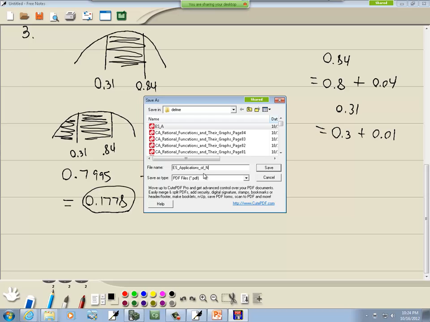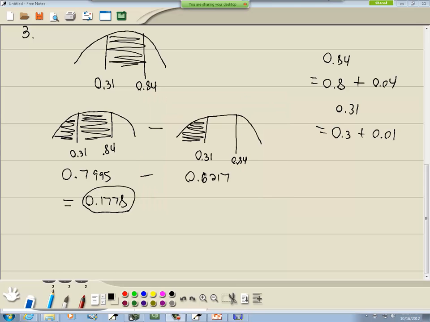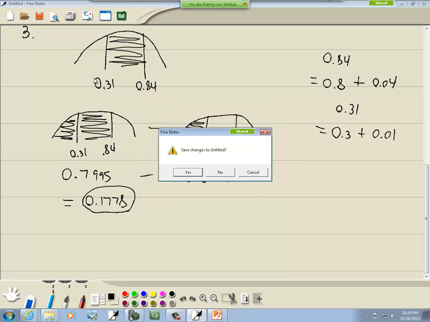Applications of normal distribution. Page 01.pdf. Okay.